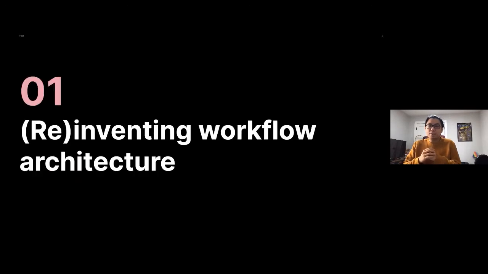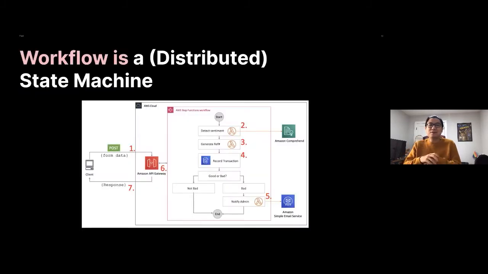So let's begin with workflow architecture. Let's define it. How I see workflow is that it's a distributed state machine. If you're in CS, if you're from a traditional background, one way or another you'll come to this concept of a state machine. I would say workflow takes it a step further, where you put the state machine in the cloud, and at each state you can set some triggers to invoke some of the things that you do, some task, a lambda.